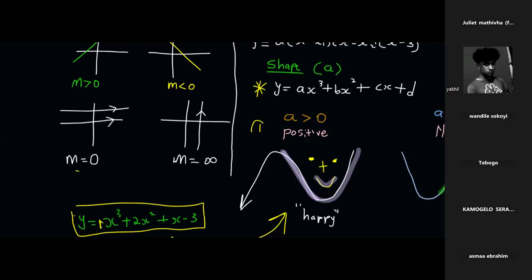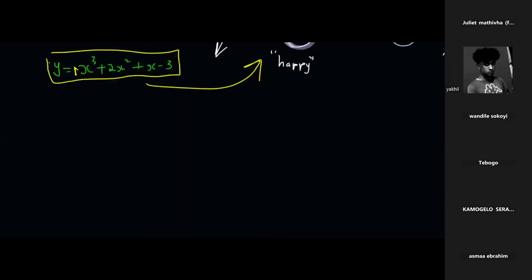But that's not always going to be the case. I hope I'm loud. If your graph can be this one, y is equal to ax cubed.